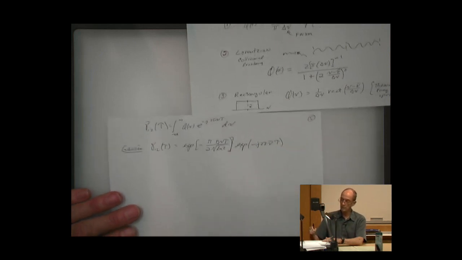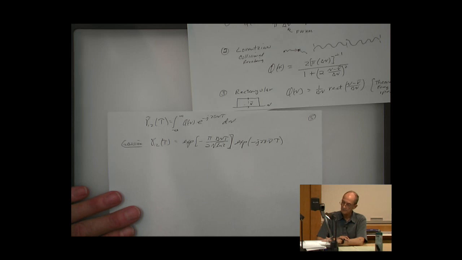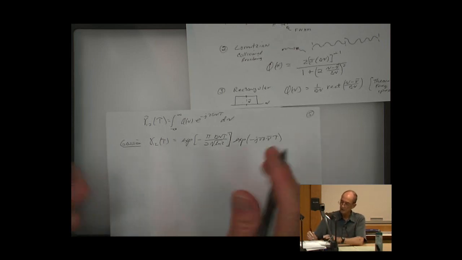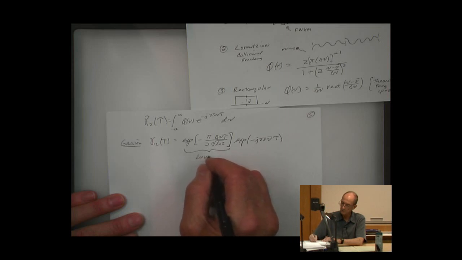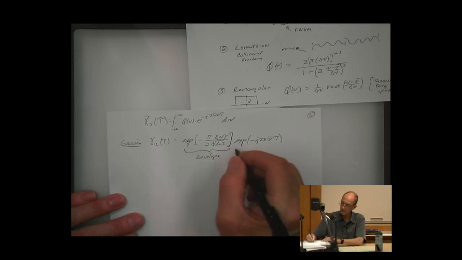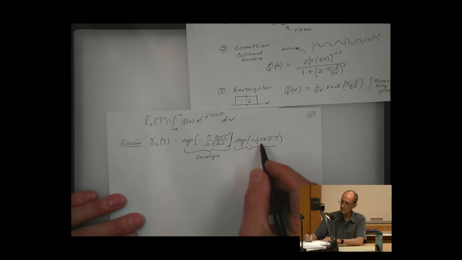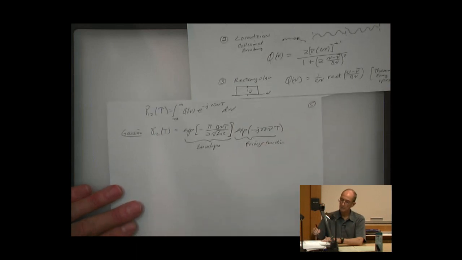So we end up with a product of two functions. This one is an envelope function, and this one is an oscillating function, a fringe function.